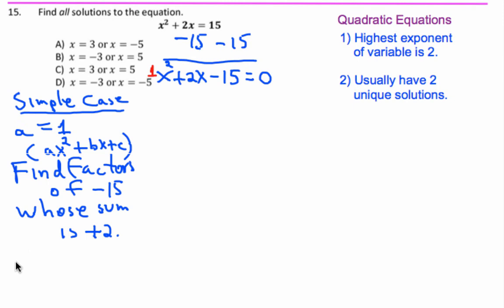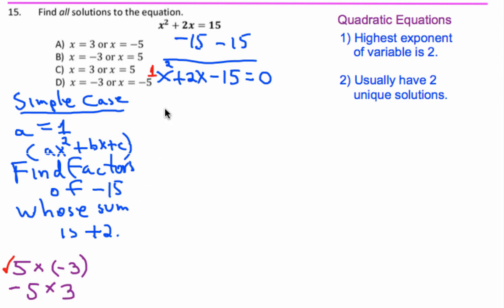So the factors of negative 15 are either 5 times negative 3 or negative 5 times positive 3. We want the pair whose sum is positive 2. So the first pair, 5 plus negative 3, gives us 2. So that will be the one we use.